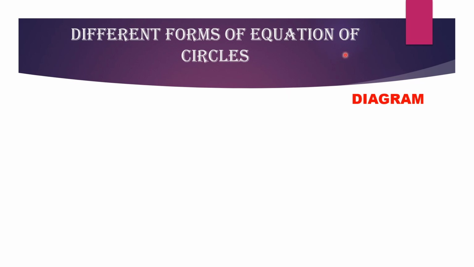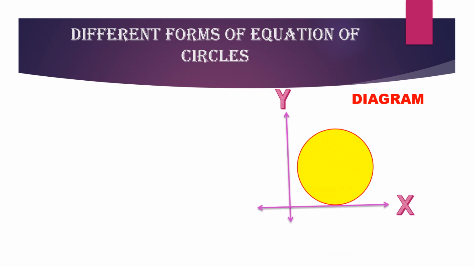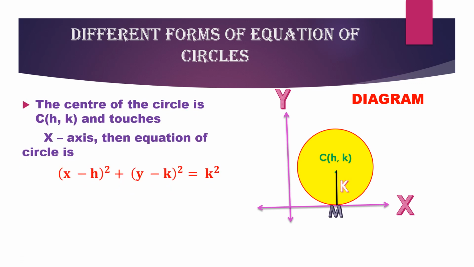Another different form of the equation of a circle. We observe the diagram. Here the circle touches the x-axis at the point M, and the center of the circle equal to (h, k). Then the equation of the circle is (x minus h) whole square plus (y minus k) whole square equal to k square.